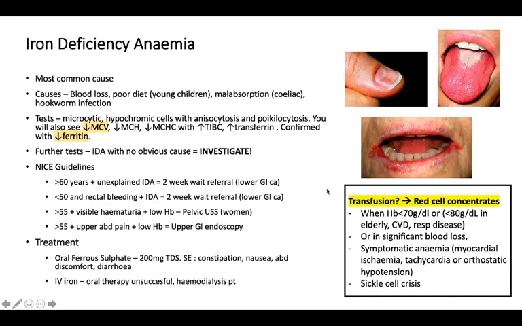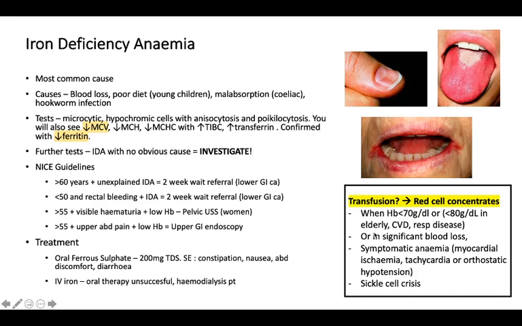So just a side note on transfusion. So when would you transfuse someone? So this is not just for iron deficiency anemias, but for anyone who isn't elderly and doesn't have cardiovascular disease or respiratory disease. If their hemoglobin drops below 70 grams per liter, you would transfuse them with red cell concentrates.